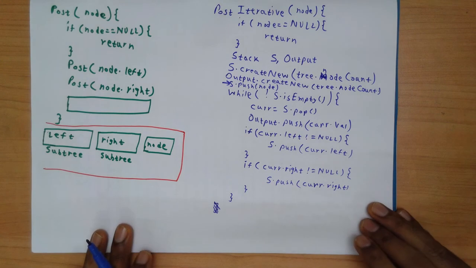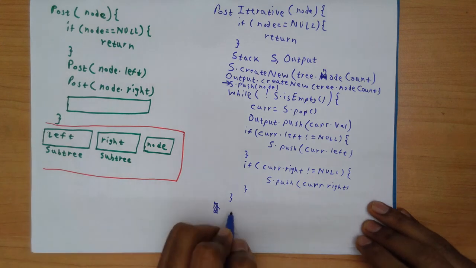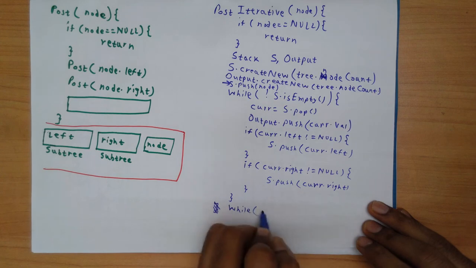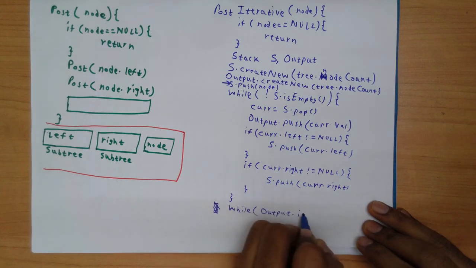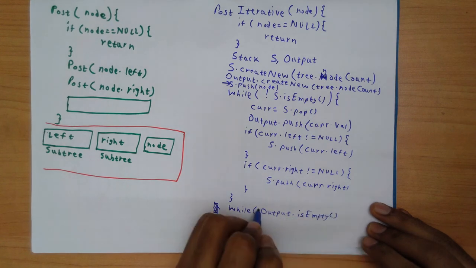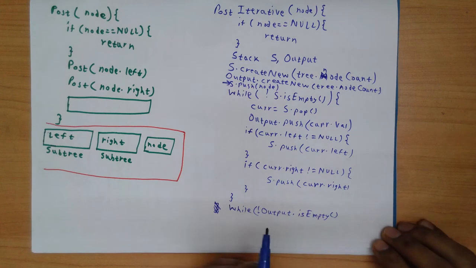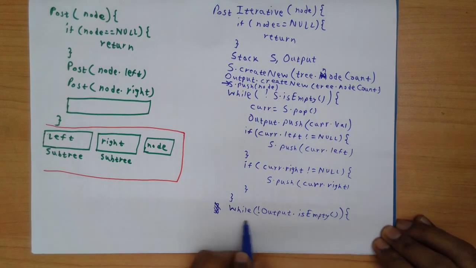What we need to do is print the stack, right? So I'll ask the question: while my output stack is not empty. Is it empty? I'll do the negation of that. While my output stack is not empty, here I will add the contents of my output stack to the output.